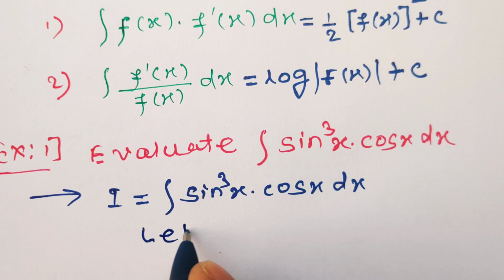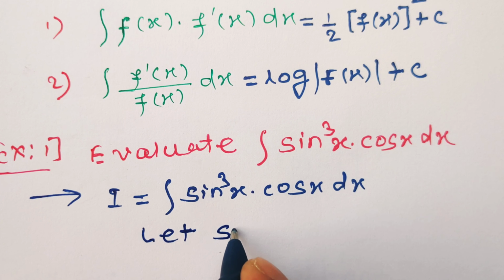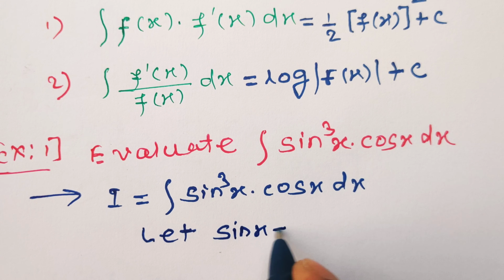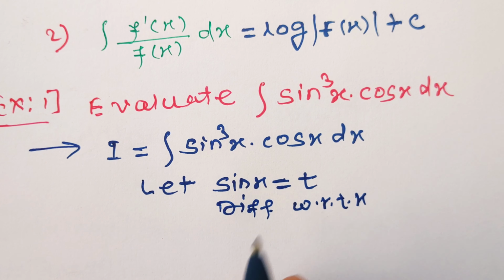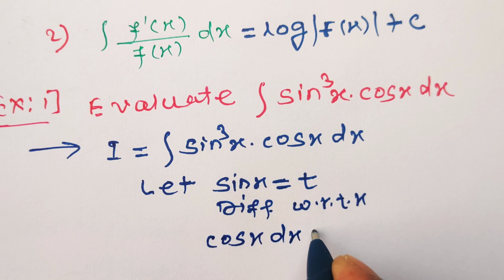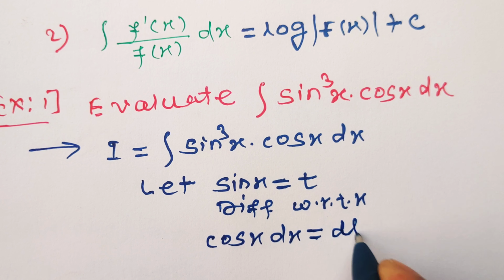Here you can use substitution for sin x, which is equal to new variable t, and now differentiate this with respect to x on both sides, which gives derivative of sin x is cos x dx is equal to dt.